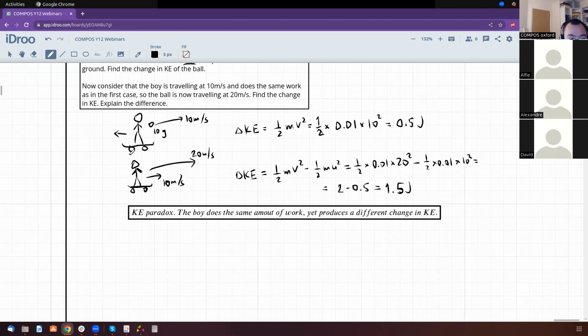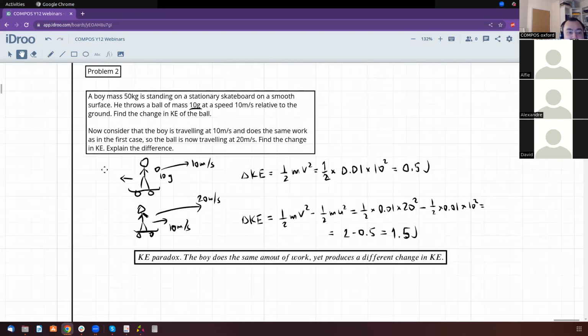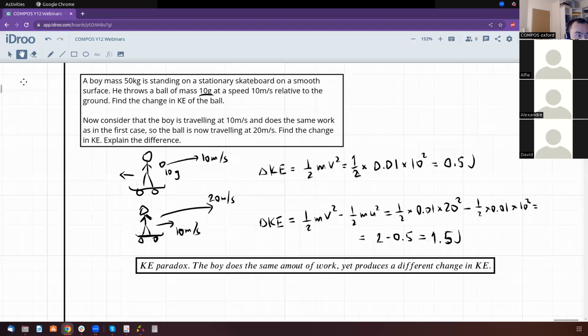and the boy is 50 kilograms divided by 0.01. The boy is 5,000 times heavier than the ball.